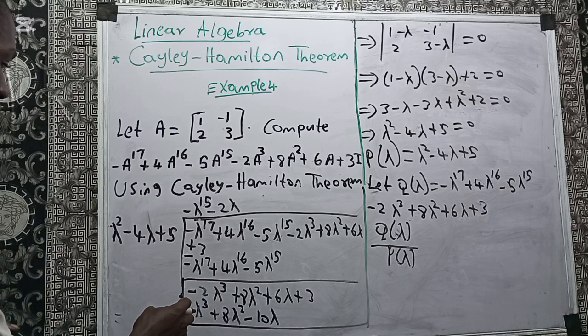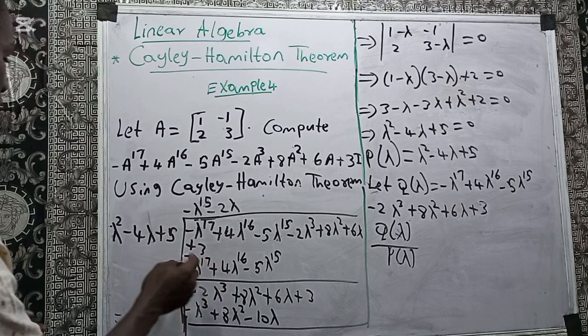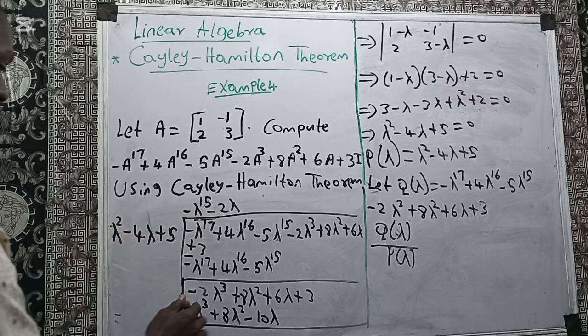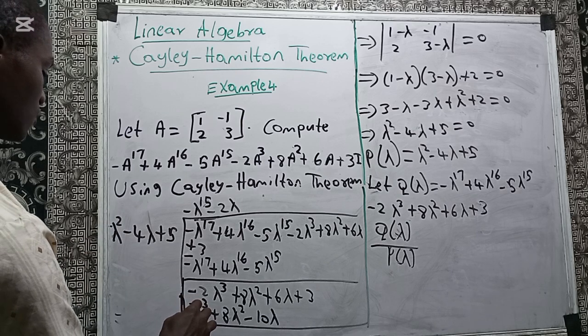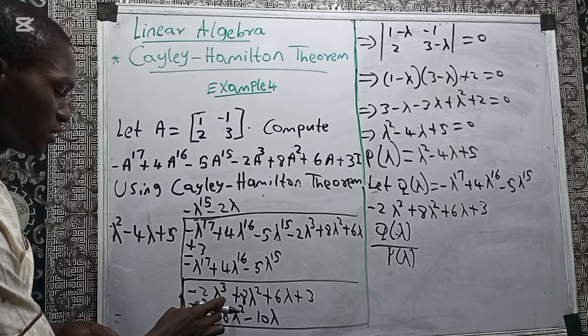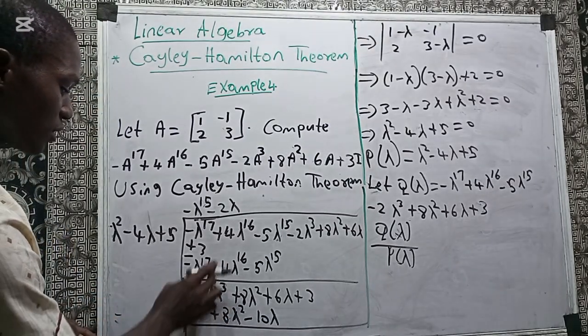This quantity, okay, there's a mistake here. When we did negative 2 lambda multiplied by lambda raised to power 2, we have negative 2 lambda raised to power 3. Yes. Then if you subtract this quantity minus this quantity, you subtract lambda with the same power. If you subtract this, you get 0.